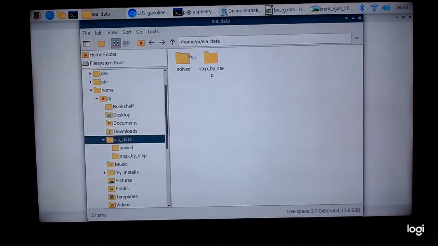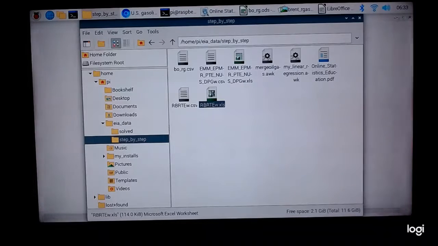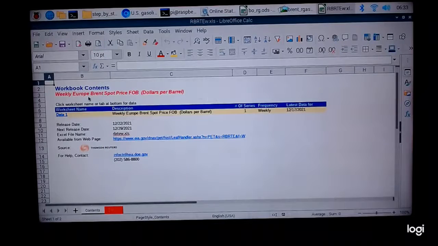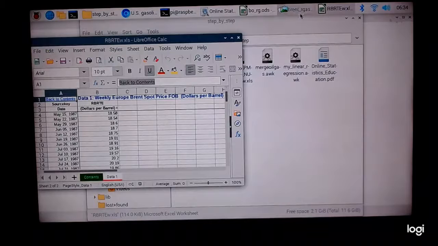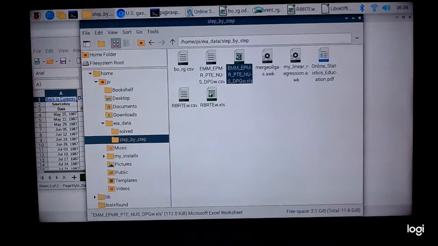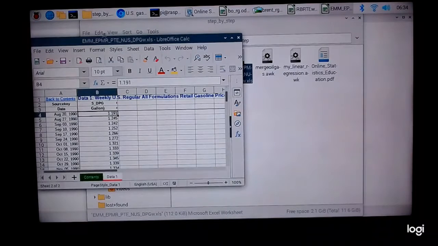Raspberry Pi is a little too slow to show my step-by-step instructions on how I got here. But if you download the data, there's the data, weekly spot prices, and then our weekly regular gasoline.